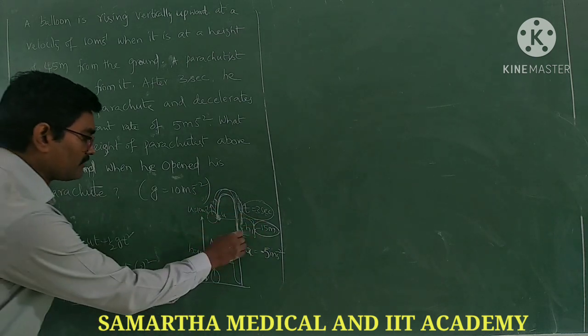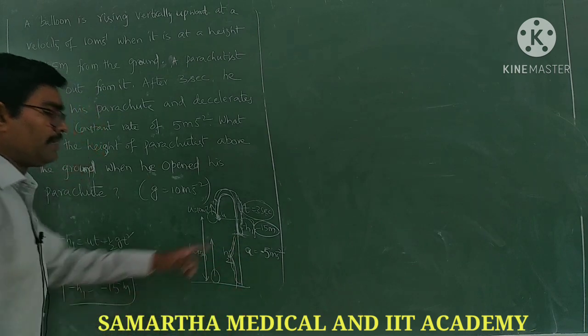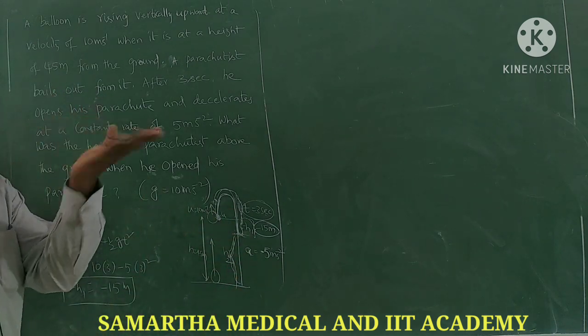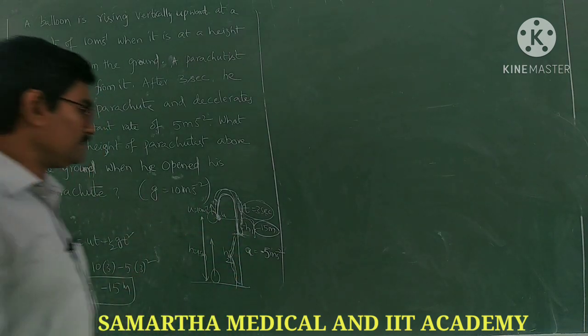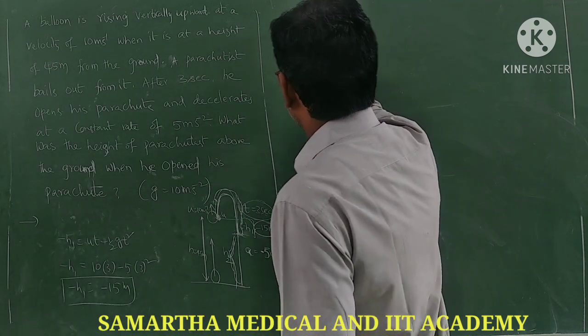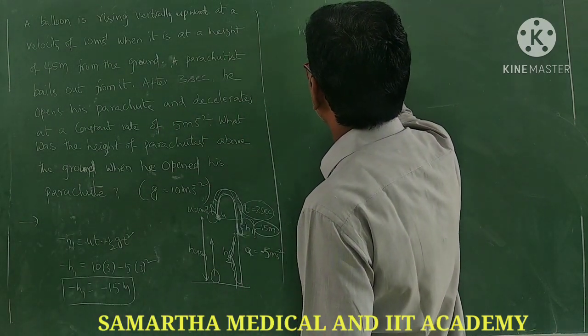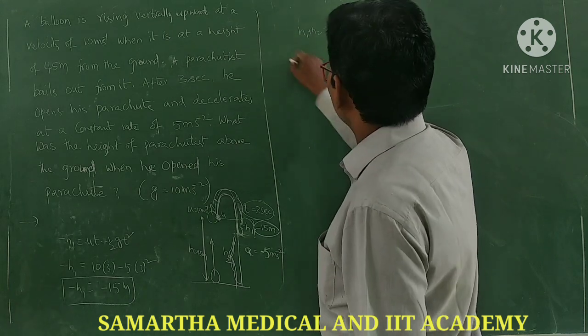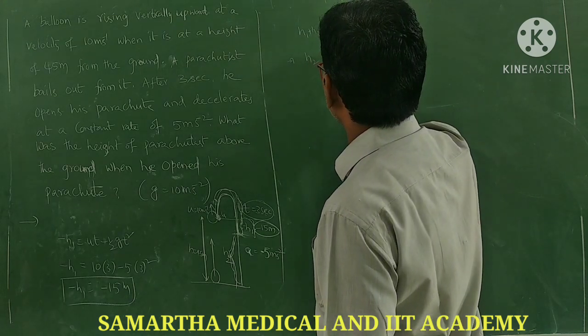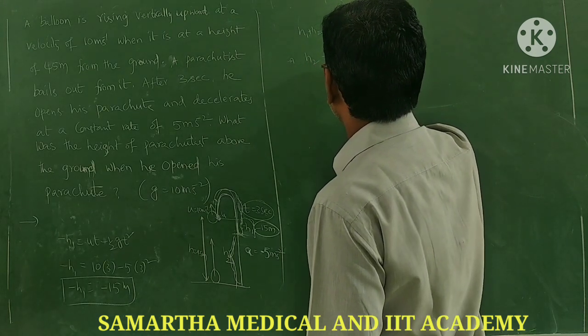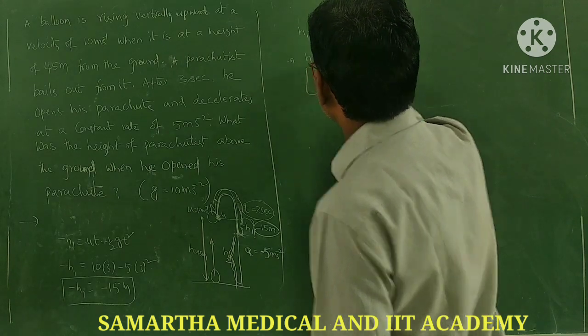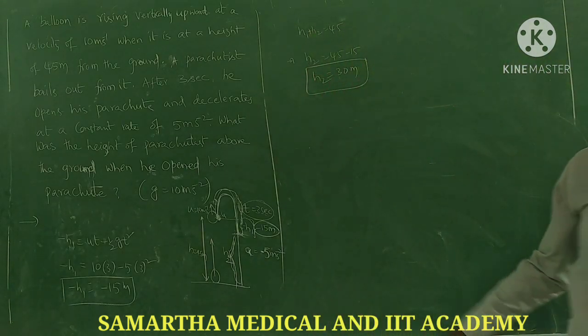So what is the height of the parachutist when the parachute opens? 30 meters. That is the answer. h1 plus h2 is equal to 45, so h2 is equal to 45 minus 15, 30 meter. That is the height at which the parachute opened.